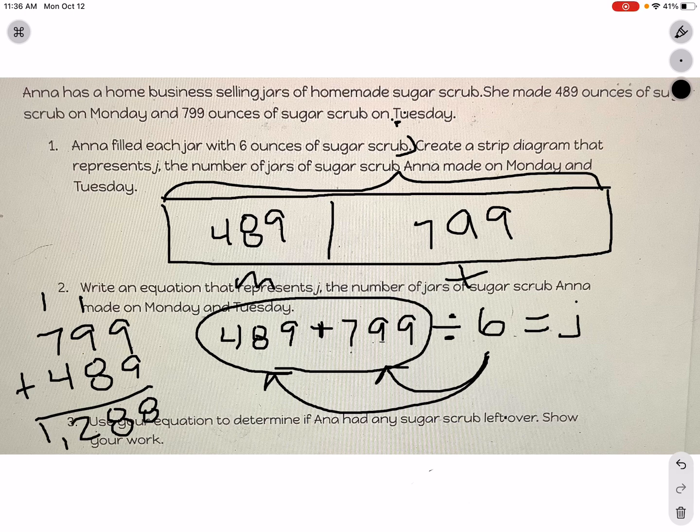So she made a total of, I'm just going to put in ounces there, she made a total of 1,288 ounces of sugar scrub on Monday and Tuesday.